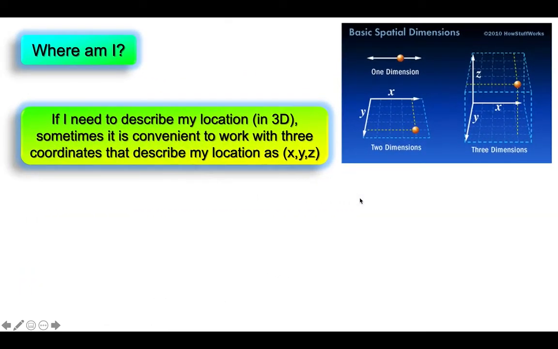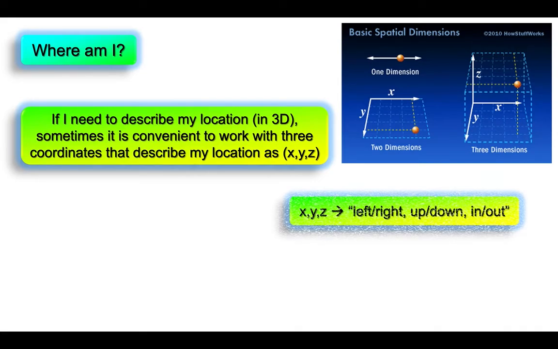So, in 3D, we often will work with X, Y, and Z because mathematically these coordinates are just things that describe your location. Mathematically, X, Y, and Z is often convenient to work with, but this isn't always what we want to do.